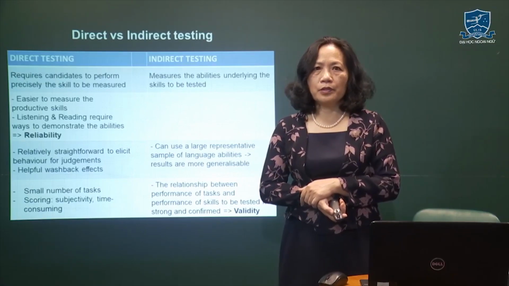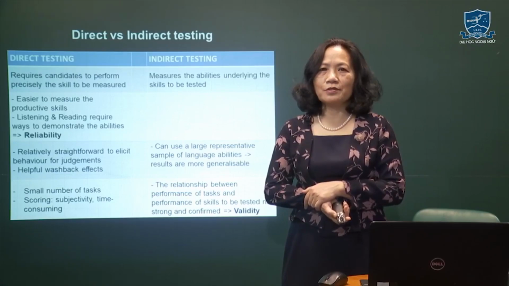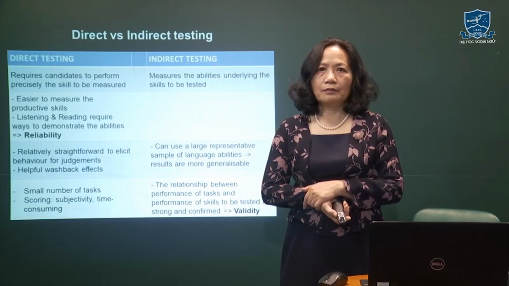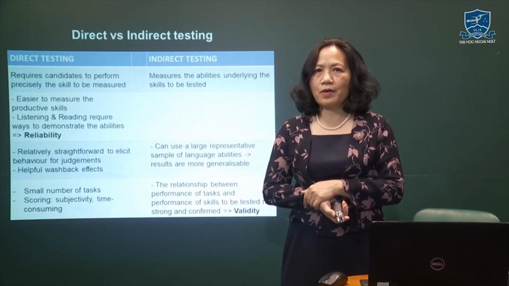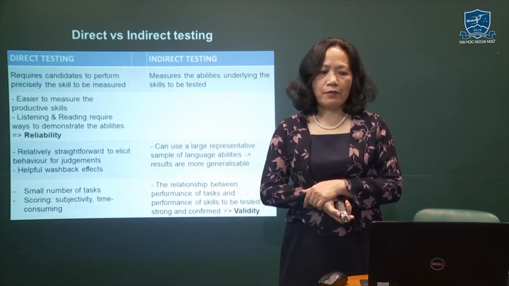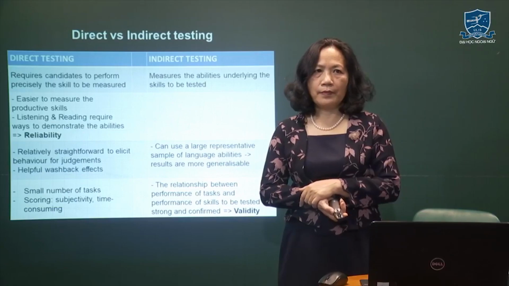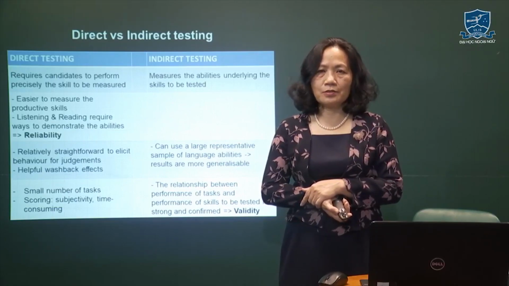You have to use some other means to check the student's ability to understand, like you have to ask them to write down the answer, short answer, for example. You have to ask them to do some exercises.